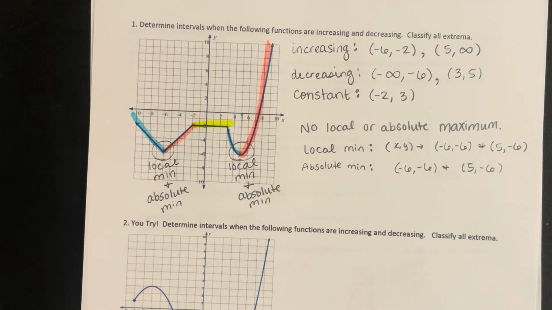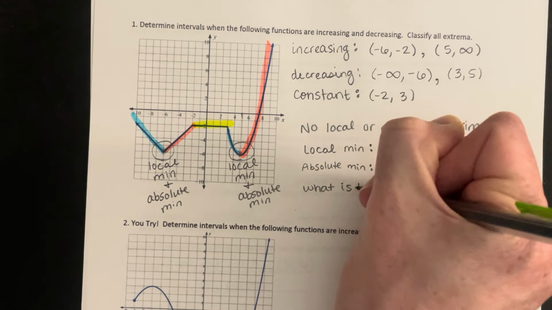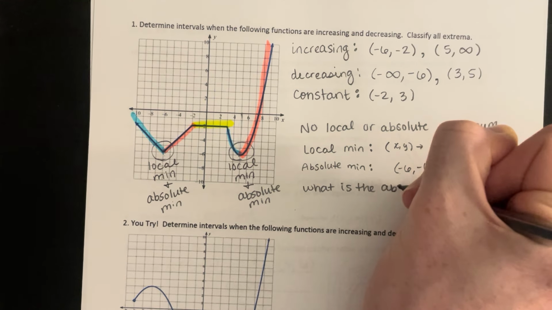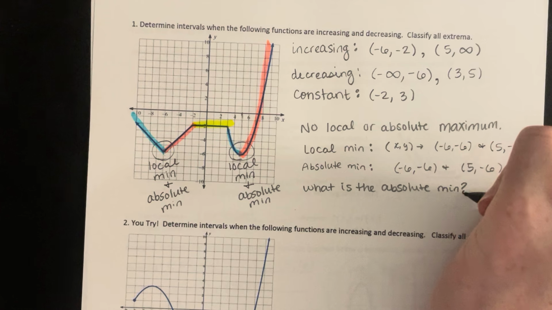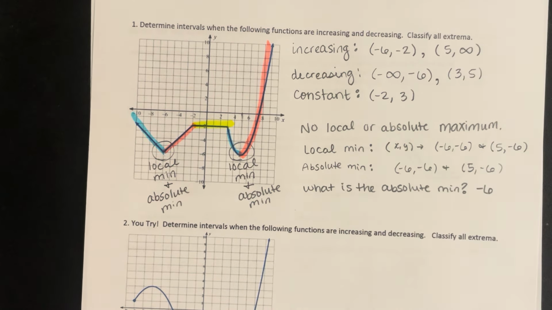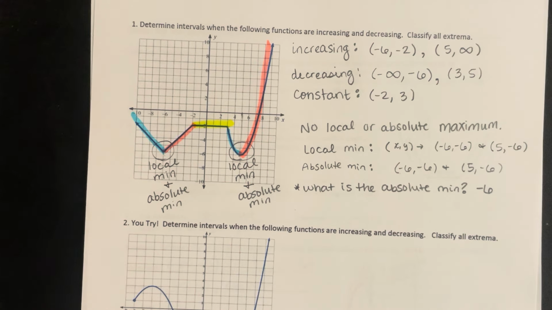Now, if you're asked to describe what is the absolute min, let me answer that question for you. That would be -6. That is the absolute lowest minimum value the function ever reaches.